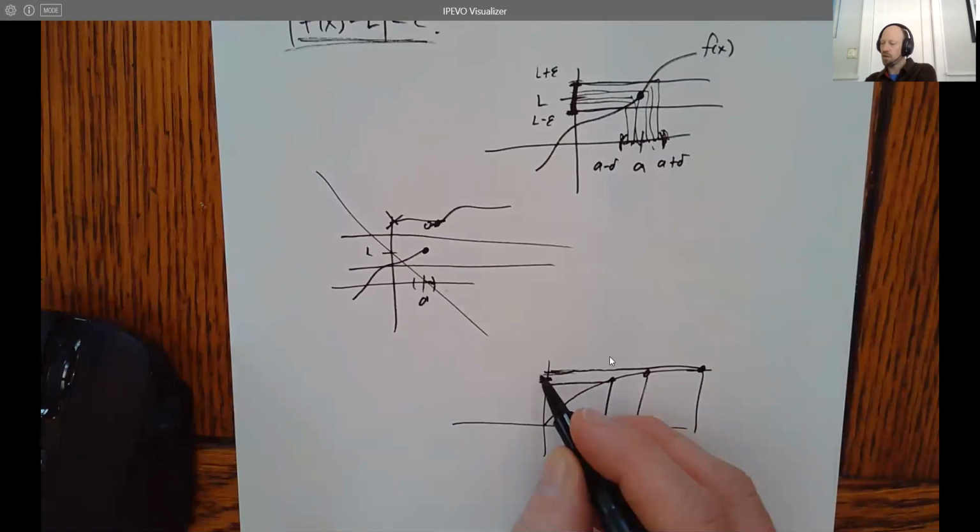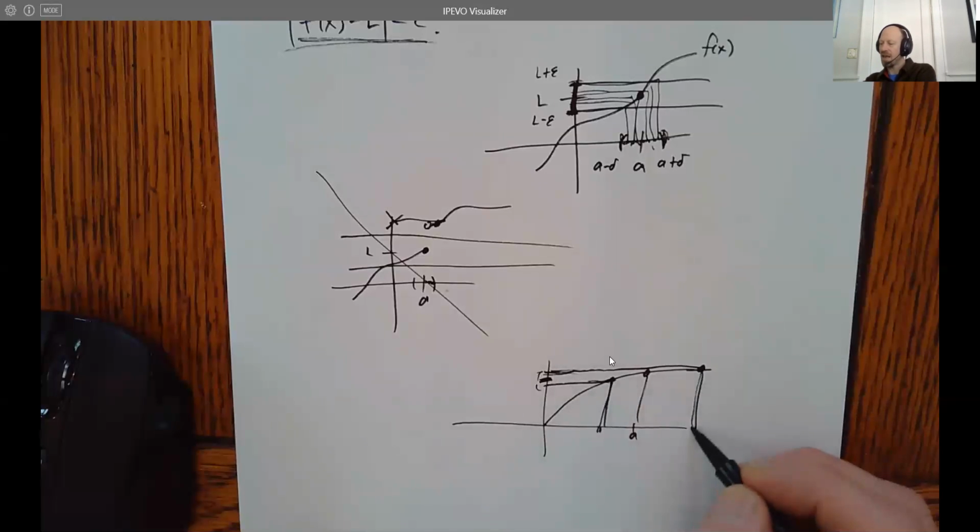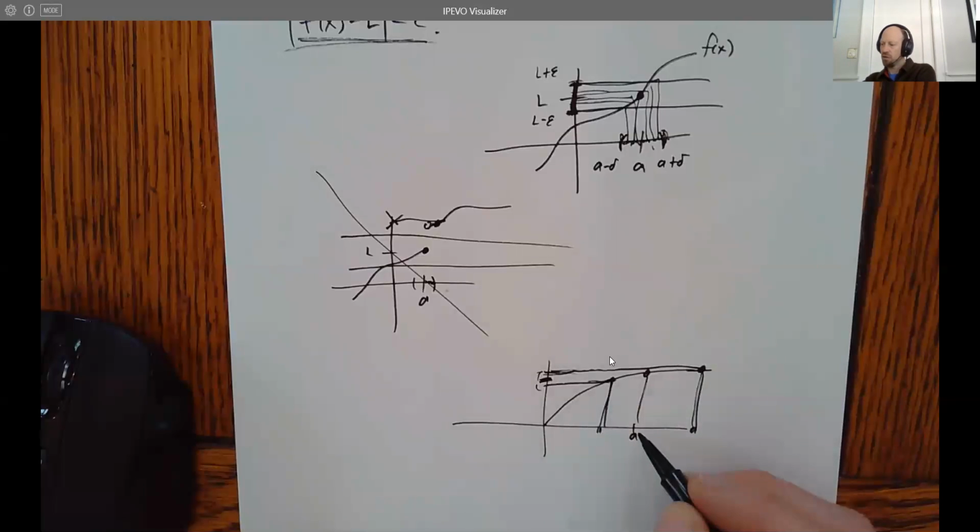Like the epsilon defines a symmetric region around L, same above and below, but the corresponding endpoints, notice here, are not symmetric around A. This might be A minus 0.1, and maybe this value up here is A plus 0.2. Right, this is like twice as big as that region.